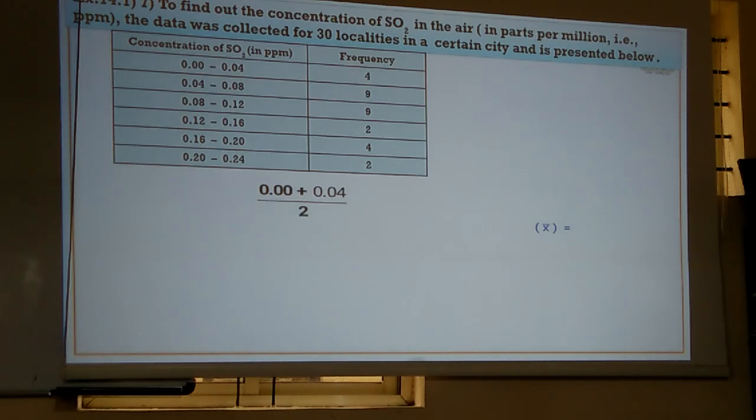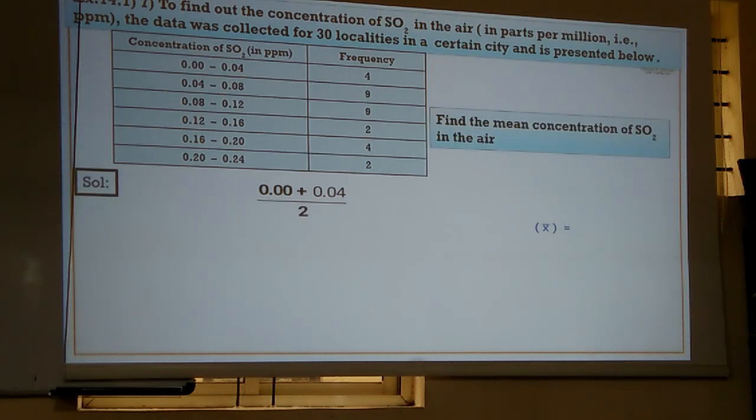This is question number 7 answer. To find out the concentration of SO2, what is SO2? Sulfur dioxide in air in parts per million. The data was collected in 30 localities of the city presented below.